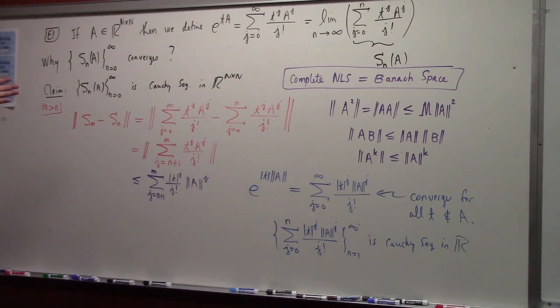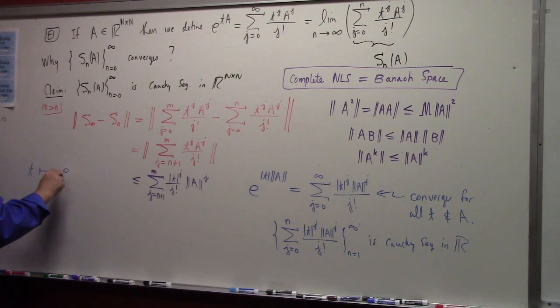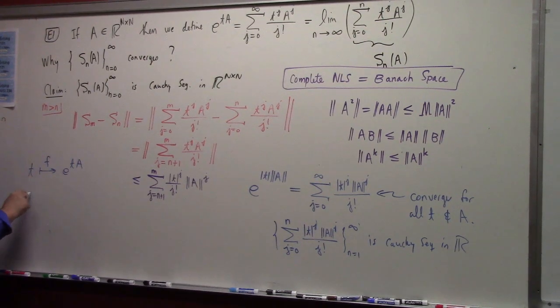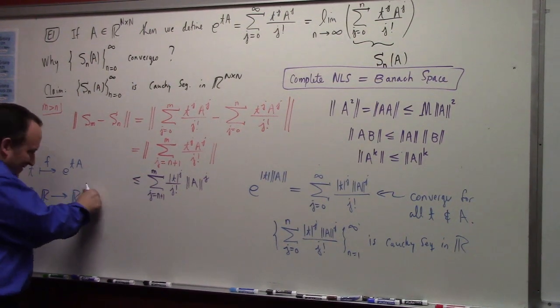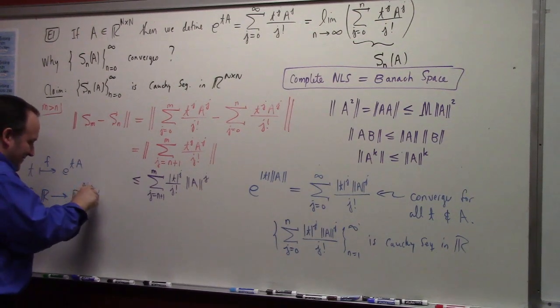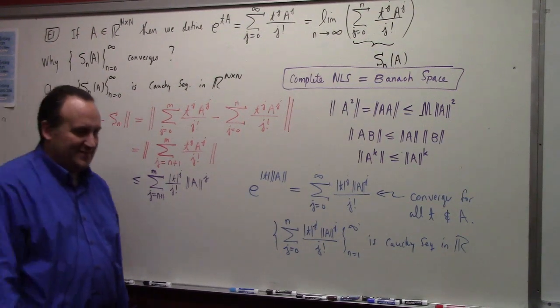But I'm interested in e to the ta because I'm interested in the map t maps to e to the ta for fixed a. That's a mapping from the reals to the n by n matrices. Sorry, I'll forget about the big N's soon enough.